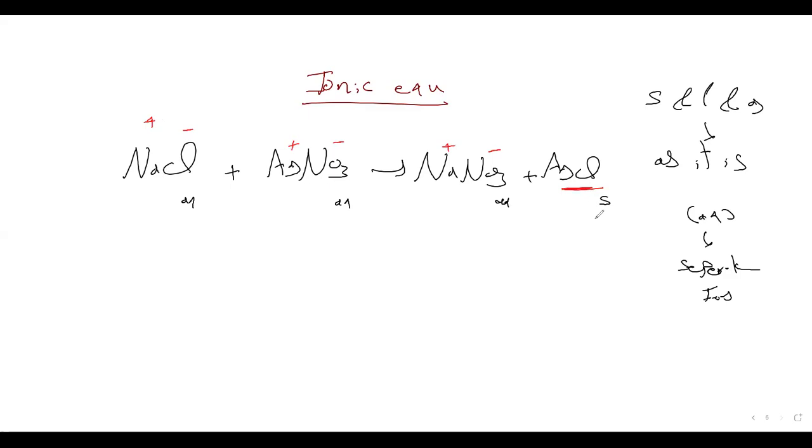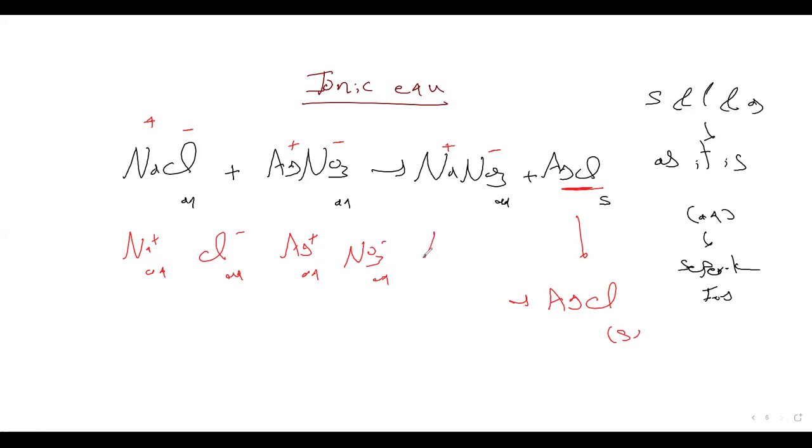The solid stays as it is: AgCl, solid. So Na positive, aqueous; Cl negative, aqueous; Ag positive, aqueous; NO3 negative, aqueous.